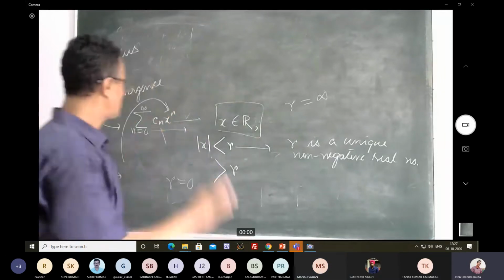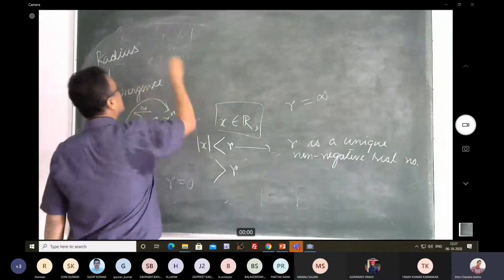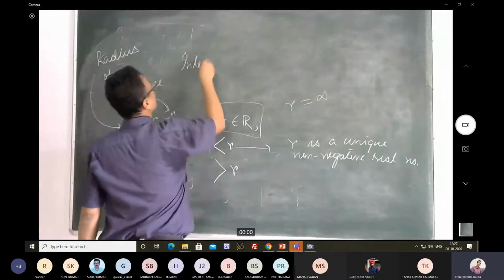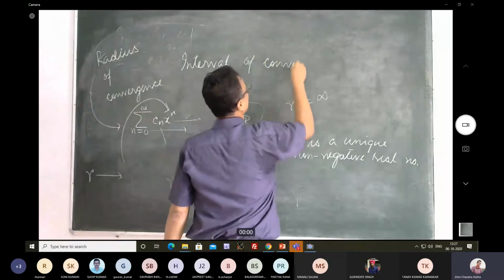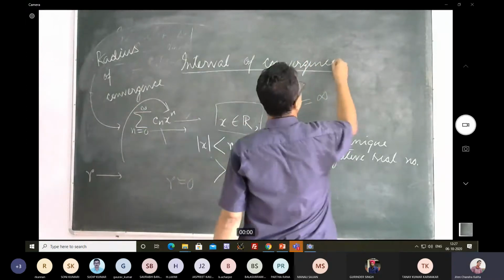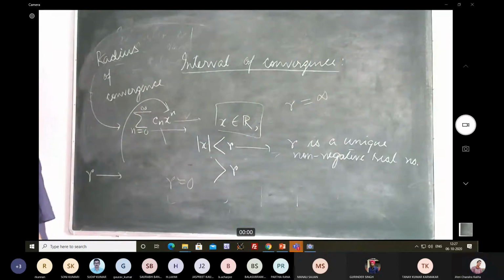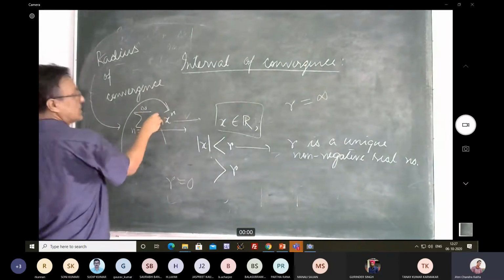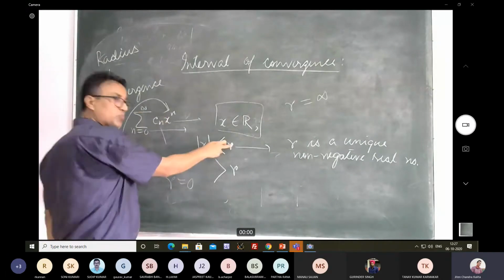Okay, fine. So this brings me to the definition of interval of convergence. Now suppose this given series has a radius of convergence small r.